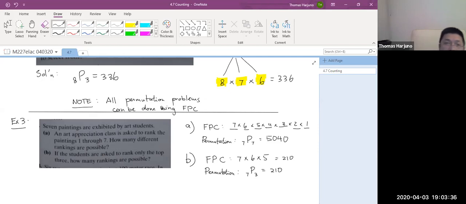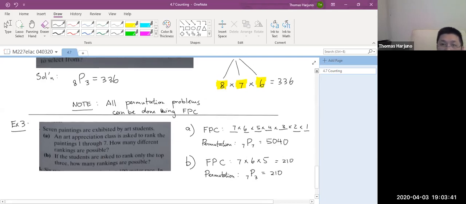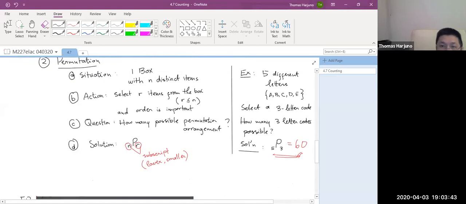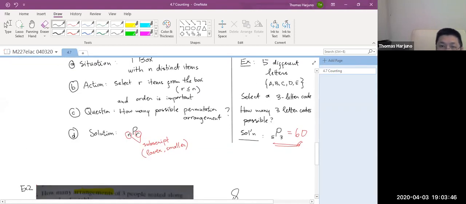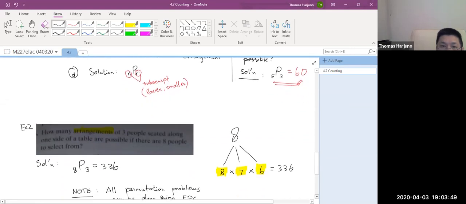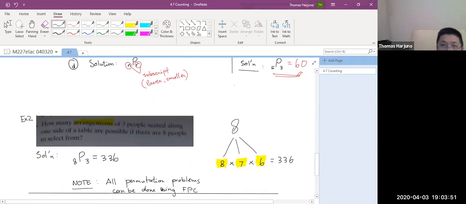Now, from the examples I showed you, especially example 2 and example 3, I hope you realize something important. Note that 8 permute 3 is the same as 8 times 7 times 6. The first number, that 8, means you start from 8.